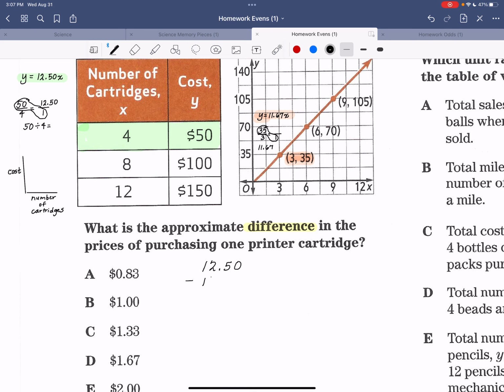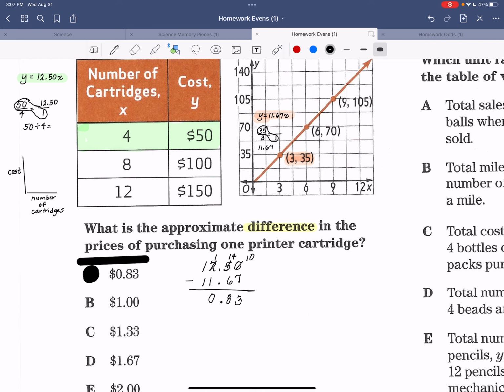At store B, it's $11.67 rounded. I don't have a calculator handy, so let me just do this. 10 minus 7 is 3, 14 minus 6 is 8, and that's a 0. So about 83 cents would be my estimate, and I would go with option A.